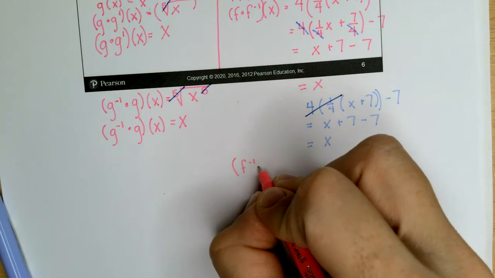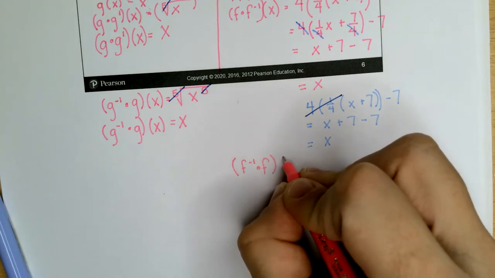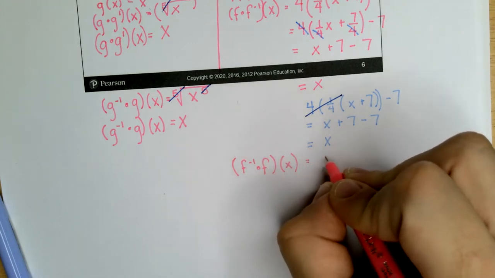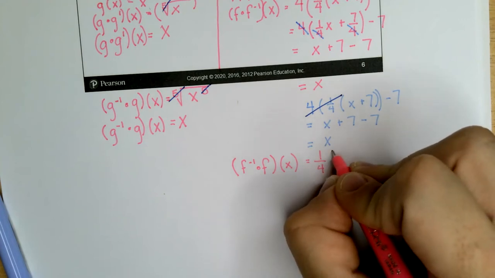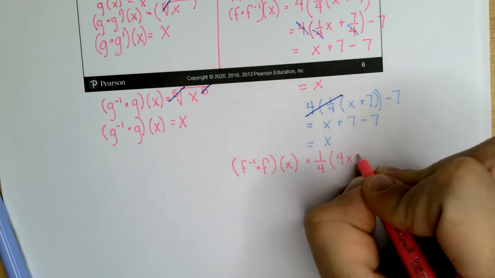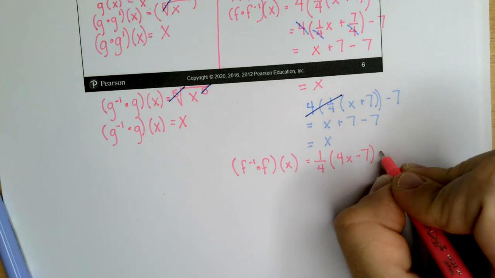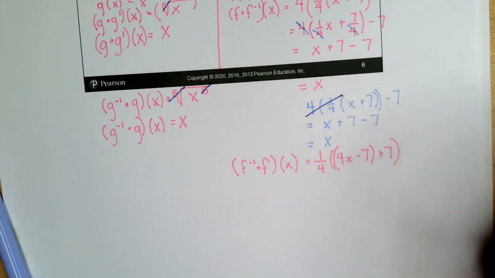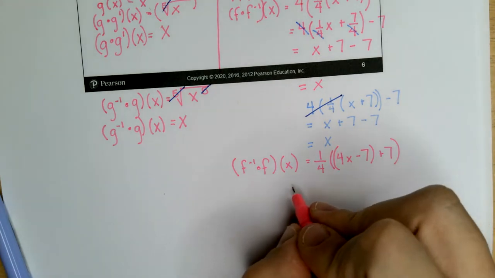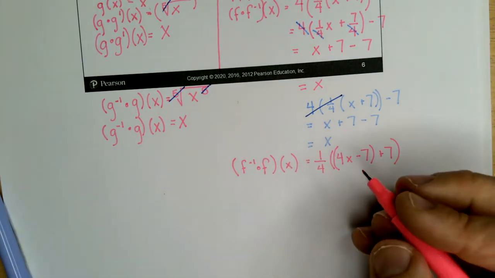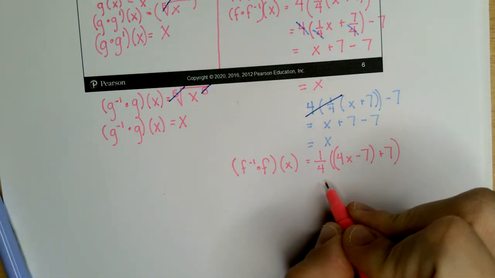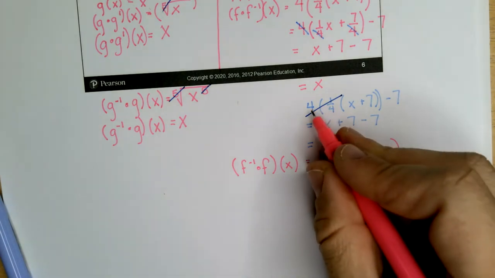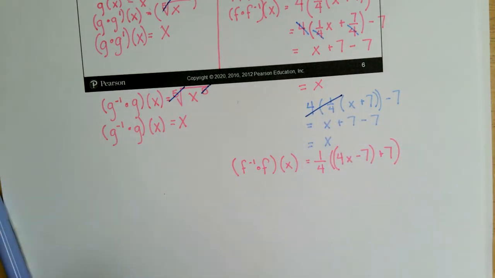The inverse of f of x is 1/4 times 4x minus 7 plus 7 is, so we just proved that these two cancel, so we'll cancel those.